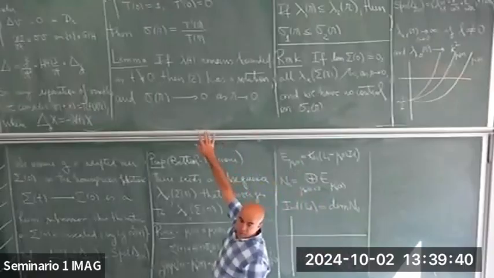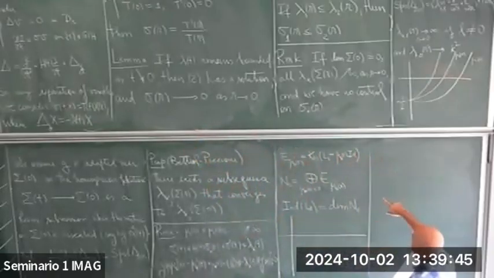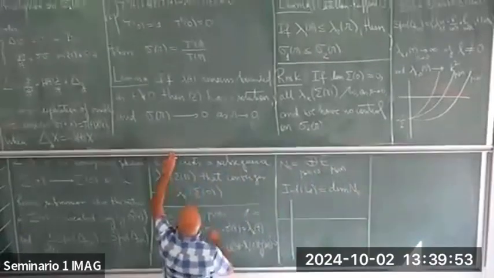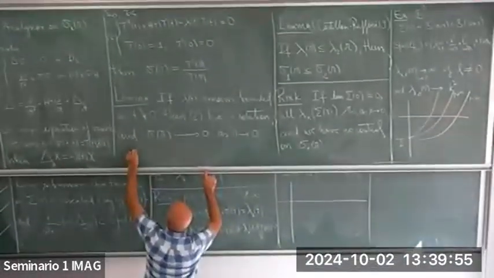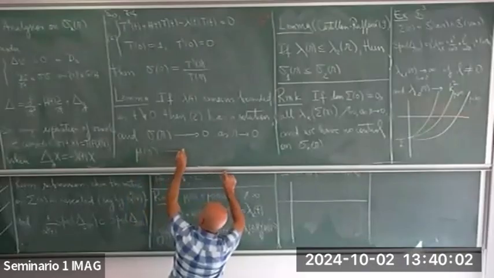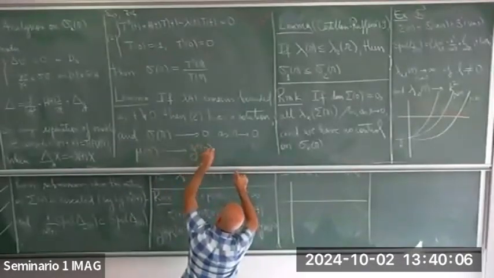This is the claim. And in this case, we can prove that the corresponding one goes to this one, which is negative.